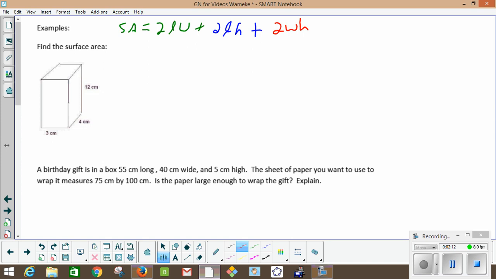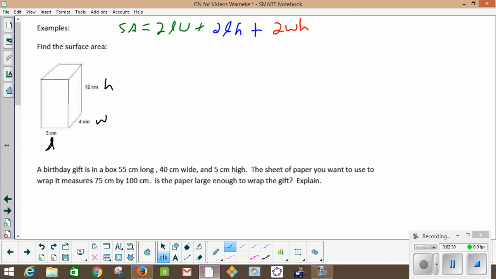So if we look at this shape, we have height is the 12. We would call 4 the width and 3 the length.